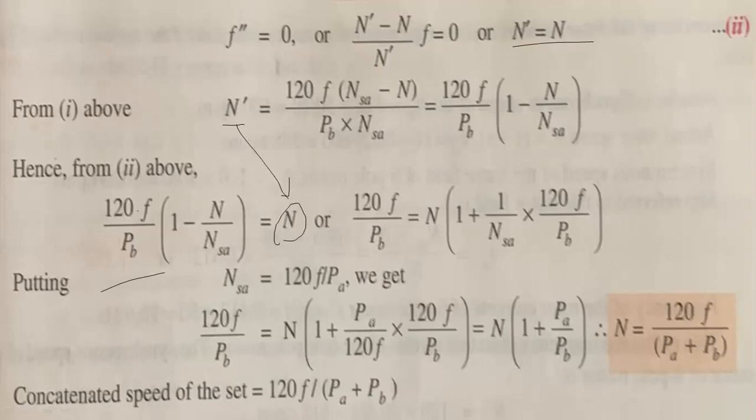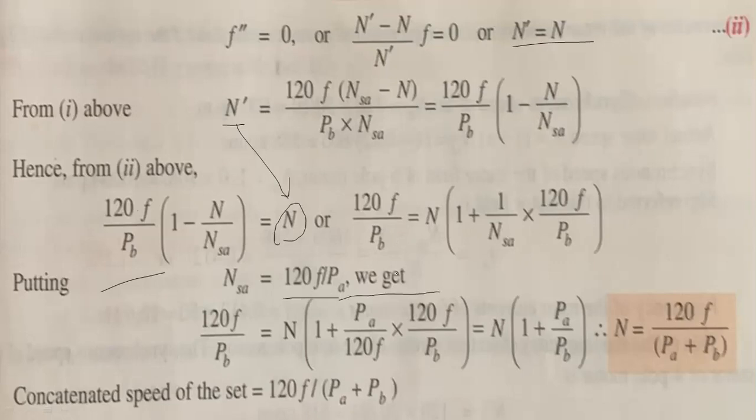From this, 120 F by PB is equal to N into, I am multiplying this, N into 1 plus 1 by NSA into 120 F by PB. Putting NSA is equal to 120 F by PA, in the place of NSA I am writing 120 F by PA.